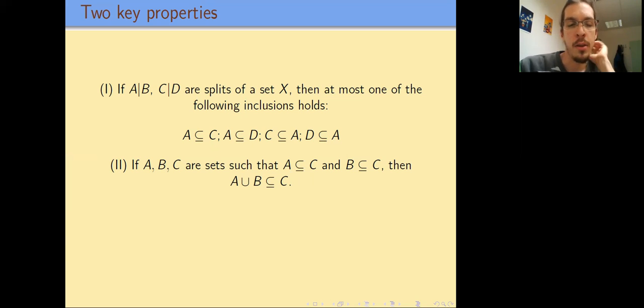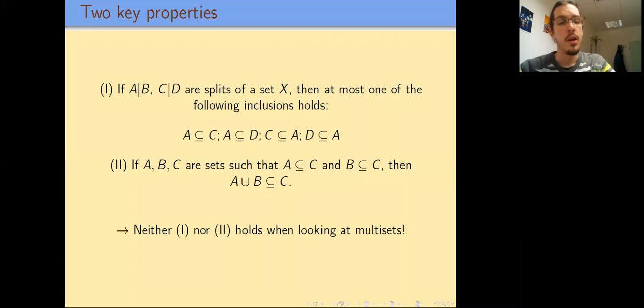And the second one is even more trivial: if you have three sets A, B, C, with A in B and B in C, then the union is in C. It makes sense because we are talking about set unions. If an element is both in A and B, it's not counted twice. But of course, multiset unions don't work that way. If you have an element in A and the same element in B, then that element will appear twice in the union. So none of these two key properties hold when we look at multisets.